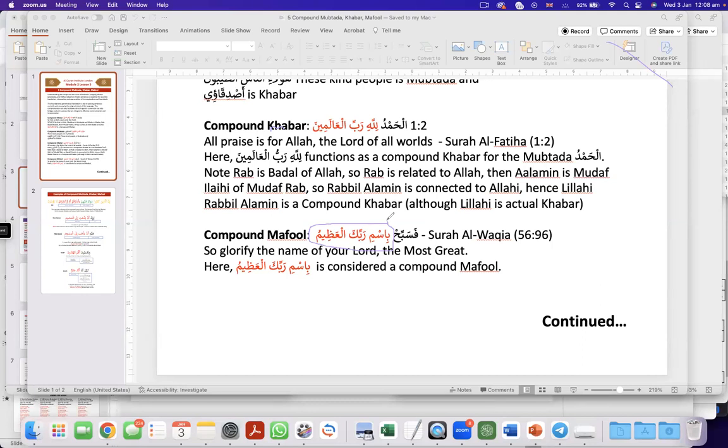Khalas. Compound maf'ul. Quranic verses, which we read every day, alhamdulillah, are full of what we are discussing now. And inshallah, we are going to go inside and enjoy the meaning, the beauty, inshallah.